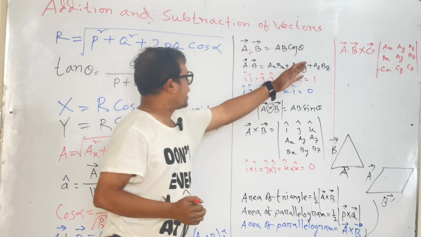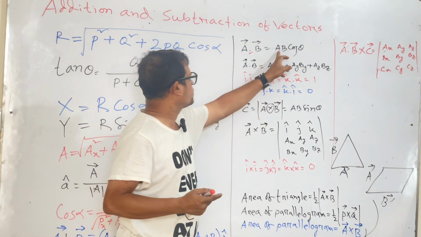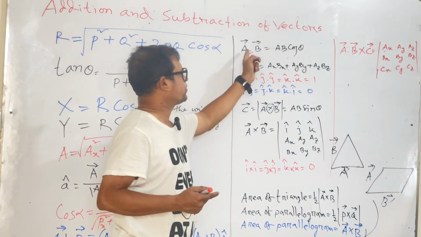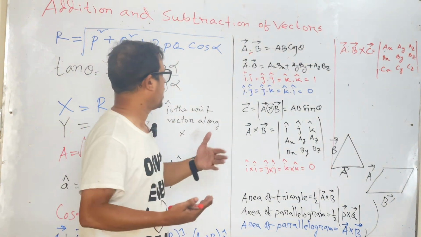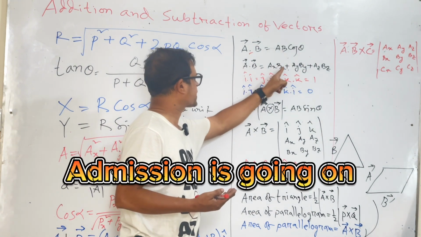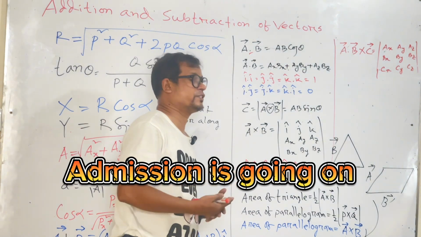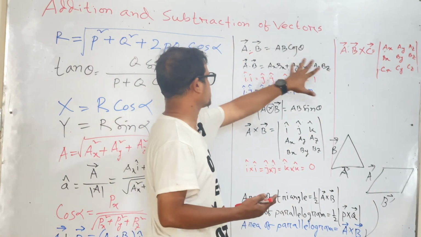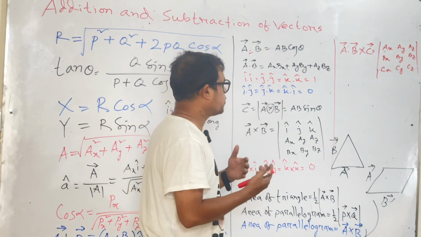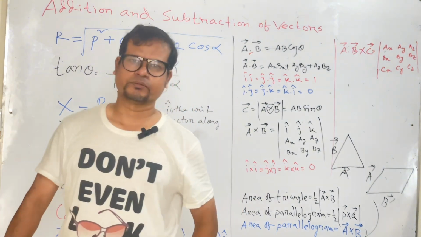If a question gives you magnitudes a, b and theta, then you can find a dot b. Again, a dot b equals ax bx plus ay by plus az bz. Very important, let's remember this: a vector dot b vector equals ax bx plus ay by plus az bz.